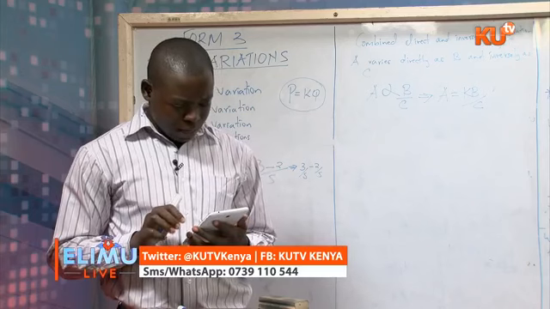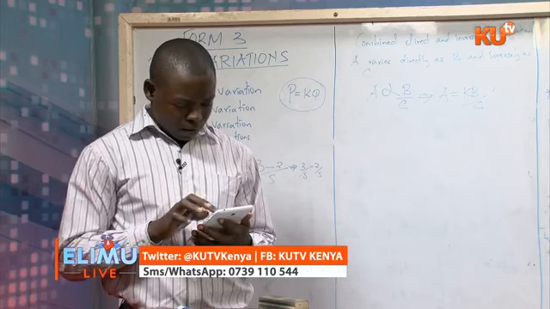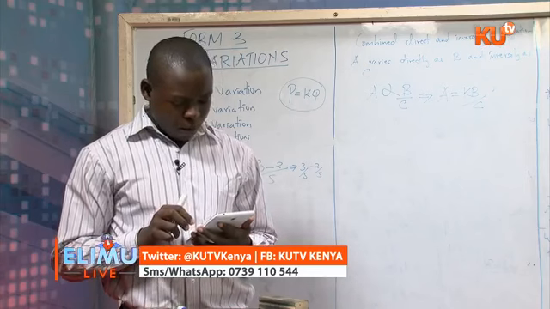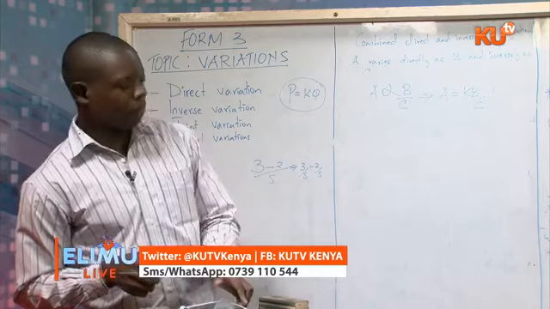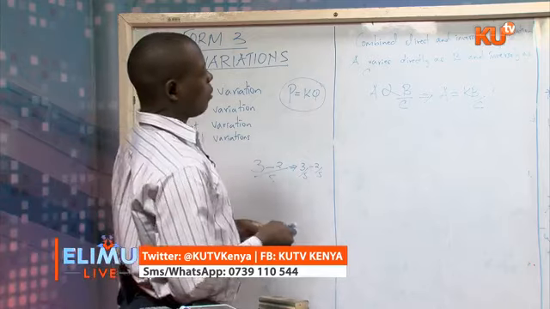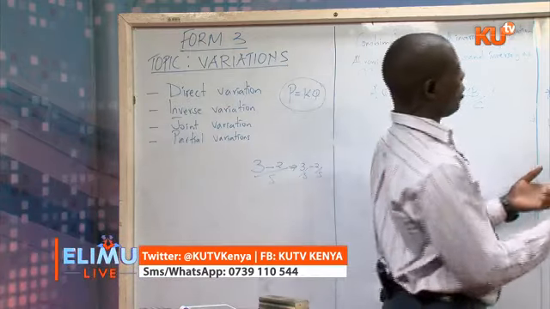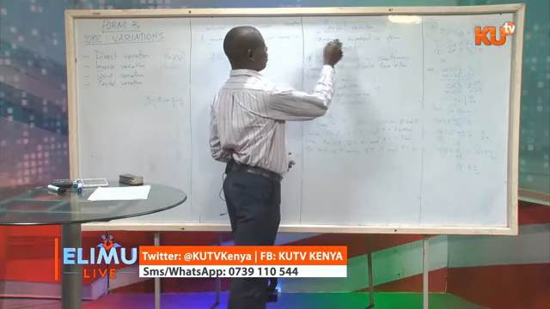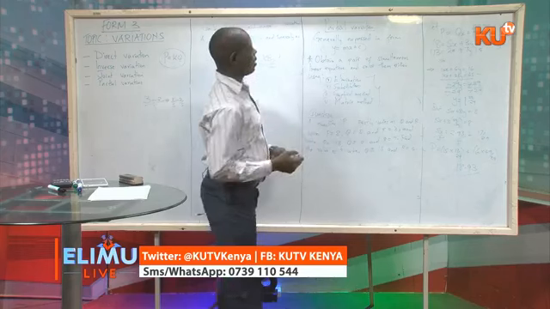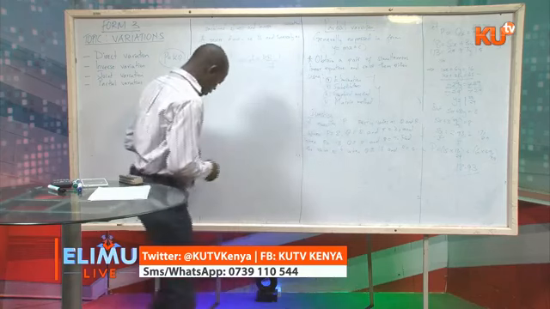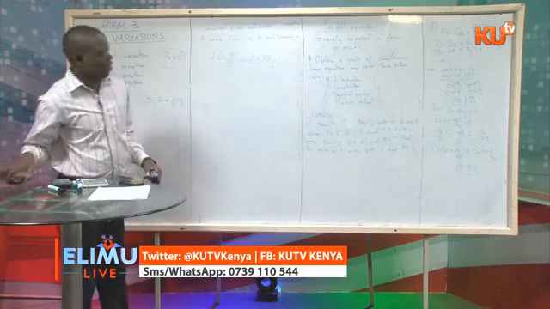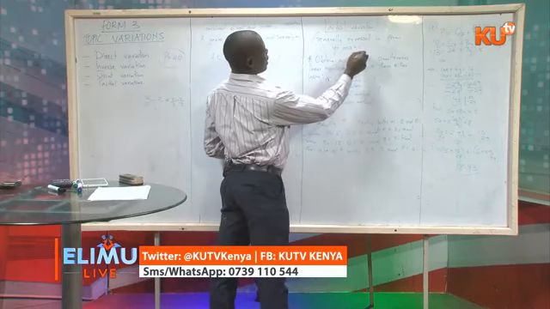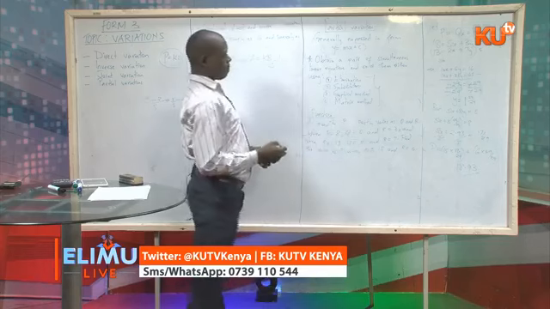There's another one who is saying, repeat on partial variation. For those who are working out partial variation, we've said that it is generally given in the form y equals mx plus c, where y varies partly as x and partly is constant as c.